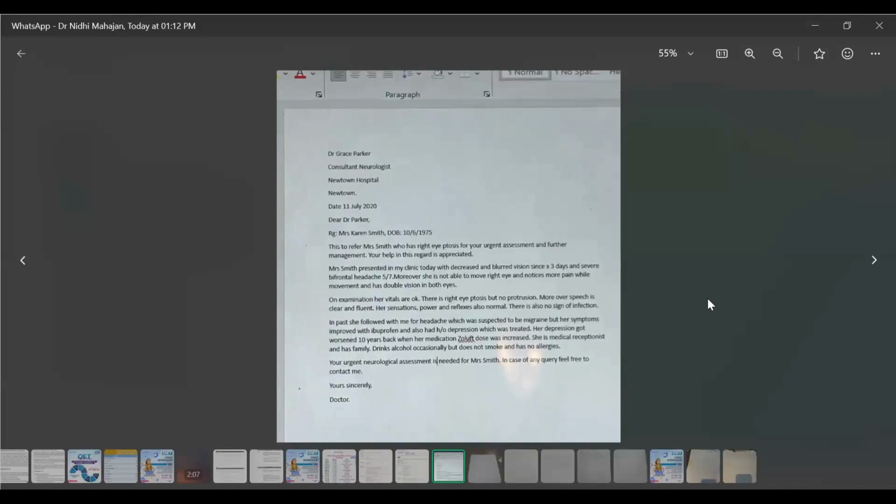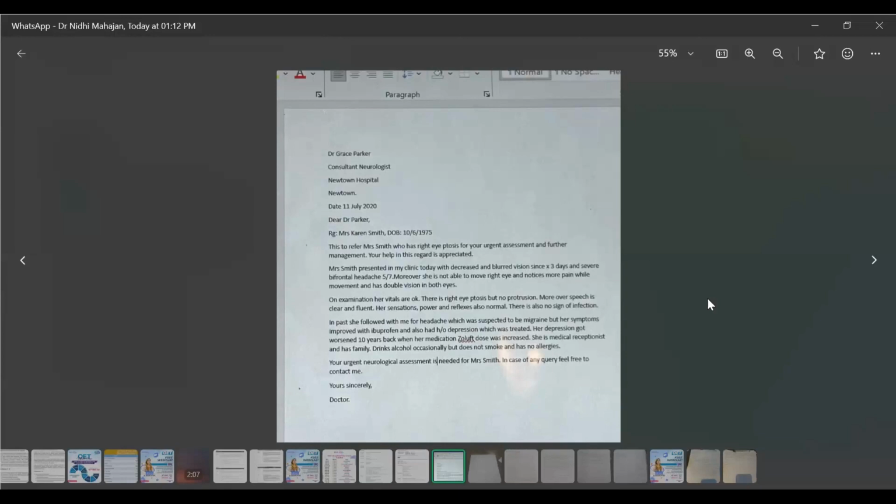So this is the letter right in front of all of you. Now you may see that Dr. Grace Parker, consultant neurologist, Newtown Hospital, Newtown. Very good. Then she has written the date, which is 11 July 2020. I was telling you that there is a definite pattern for the letter writing date, and this is the most acceptable pattern of date writing.